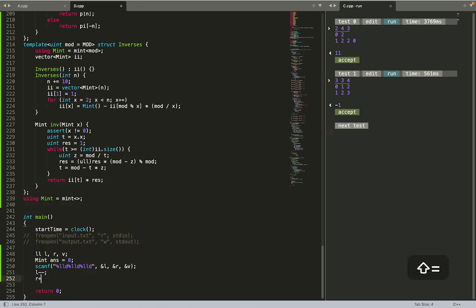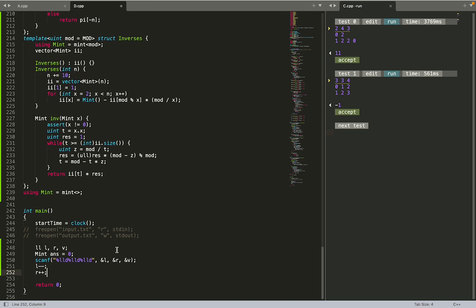Let's also do R plus plus so that it's not inclusive. And I will calculate the number of ordered pairs such that P of them, both numbers from the segment, now a half interval, and P of them XORs to V.